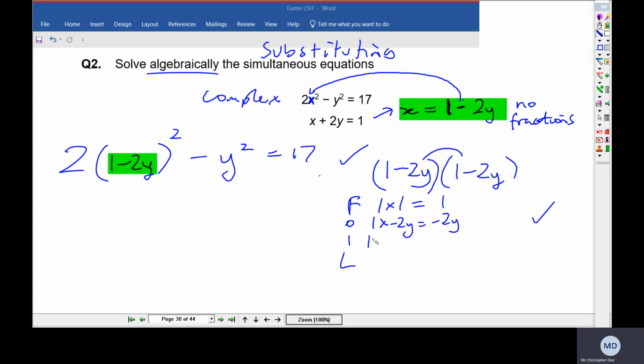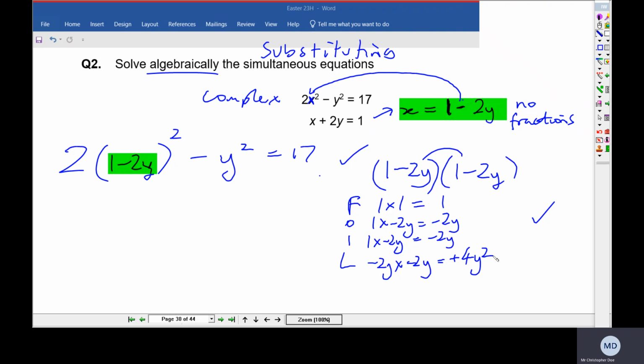Inners, 1 times minus 2y again is minus 2y. And finally, the last, minus 2y times minus 2y is plus 4y squared. Careful with the last one, that's the hardest. If you've got that, you've got the second mark. 1 minus 2y plus 4y squared.